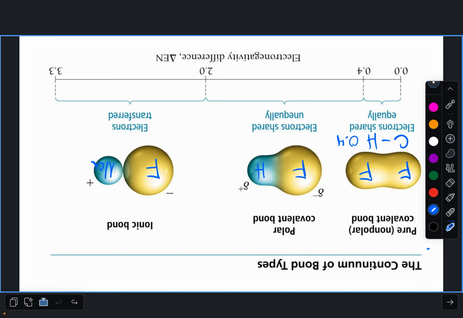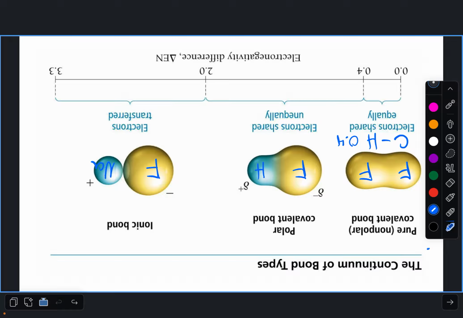So either they're the exact same atom or have the exact same electronegativity, or they're very, very close electronegativities. Those electrons are going to be shared equally. Think about them as having the same strength, okay? So the little blob that's drawn there is to represent the negative charge. So the negative charge is divided equally among those 2 atoms. So we would call that nonpolar typically.